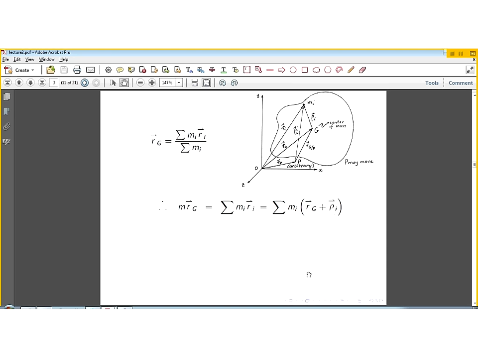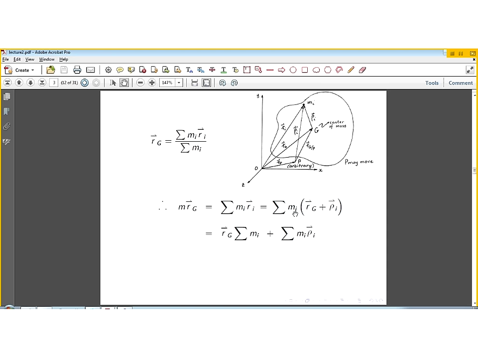This allows me then, on the next slide, to apply the distributive law to this expression, which says that this must be the same as the sum of m sub i times r sub g as a first sum, and then a second sum, m sub i times rho sub i. Now, these two sums can be expressed as two summations, and the second one I'm not going to simplify now, but clearly here I have the second summation, the summation of m sub i with rho sub i.